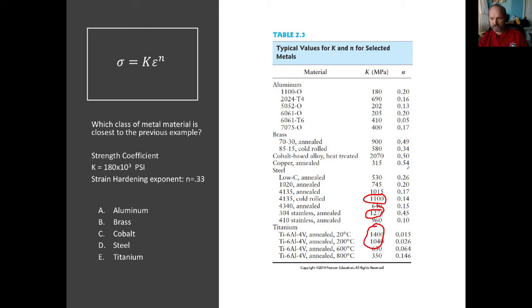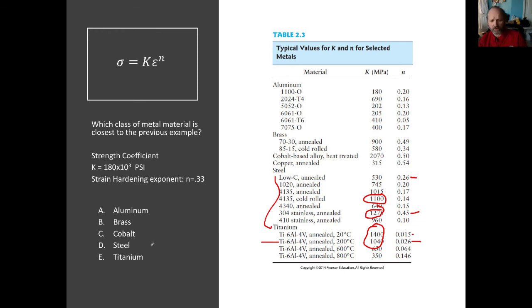And then you start looking at the strain hardening exponents. Well, this is kind of close, right? This is kind of close. This is a little low. This one, you could argue maybe this point as well. So maybe it's this material here, or it could be one version of steel.